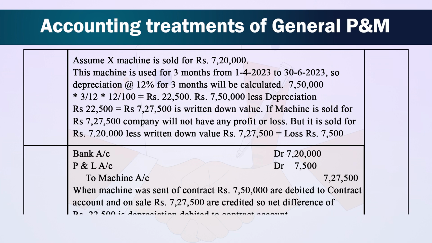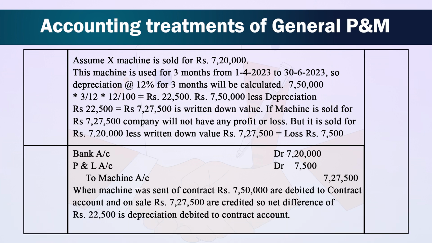And the journal entry is: bank account debit rupees 7,20,000, profit and loss account debit rupees 7,500, to machine account 7,27,500. When the machine was sent on contract, rupees 7,50,000 are debited to contract account, and on sale rupees 7,27,500 are credited. So, the net difference of rupees 22,500 is depreciation debited to contract account.